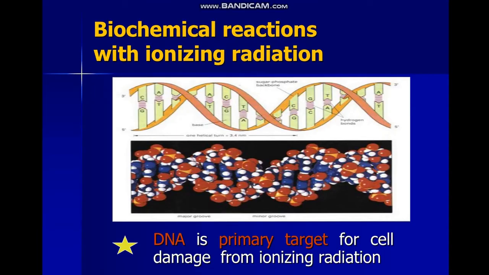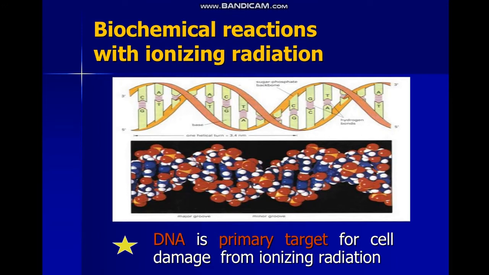During the interaction of ionizing radiation with living body tissue, with the cell, DNA is the primary target for cell damage from ionizing radiation. Nucleic acids found in living cells are of two types, DNA and RNA. They are complex macromolecules made of purine and pyrimidine bases on a backbone of alternating sugar and monophosphate molecules.